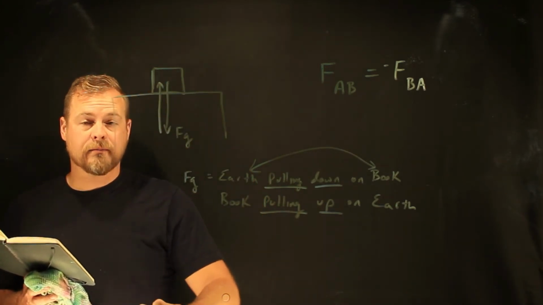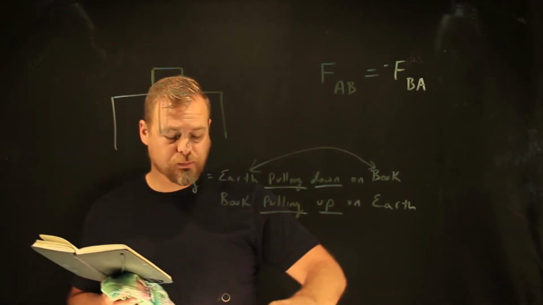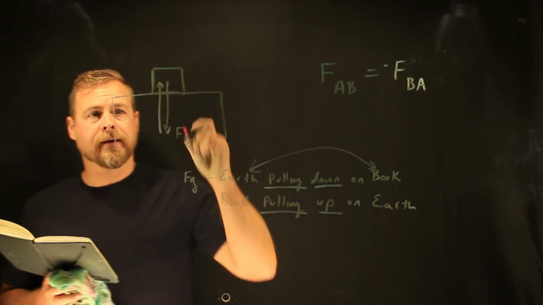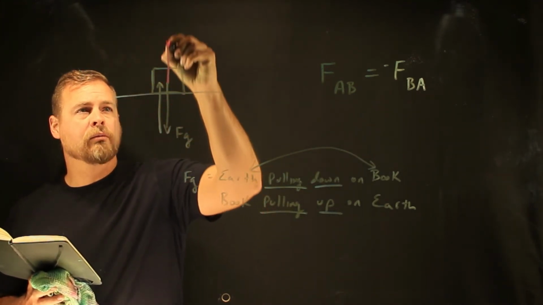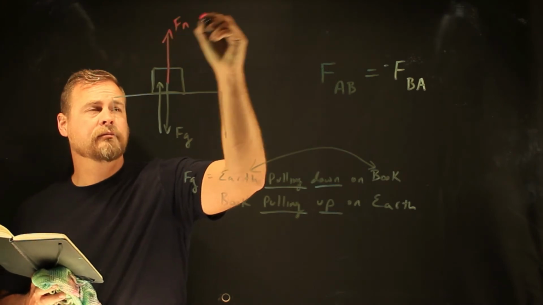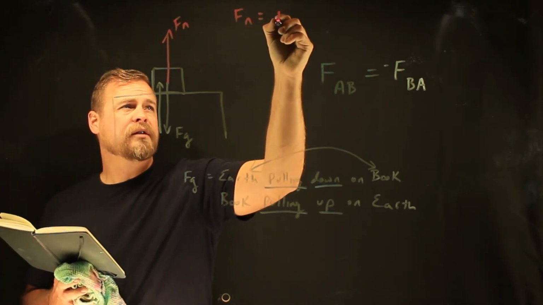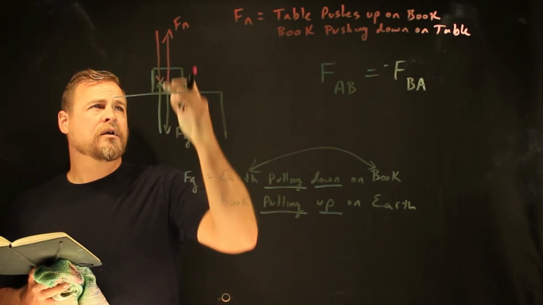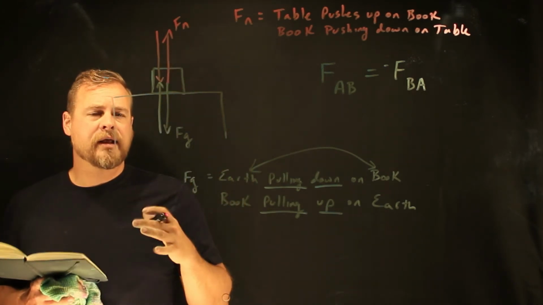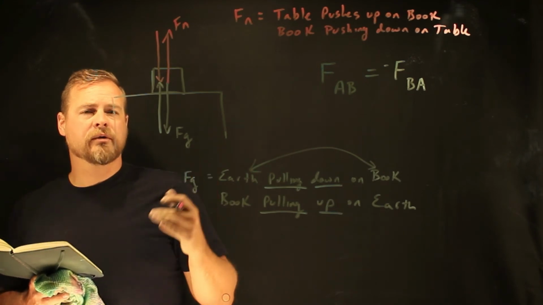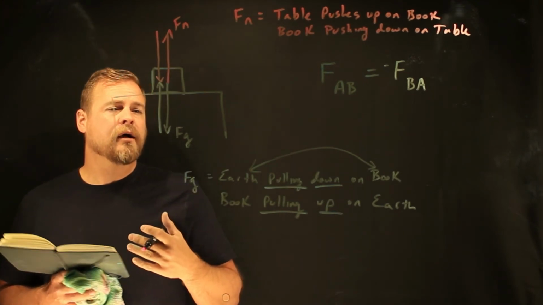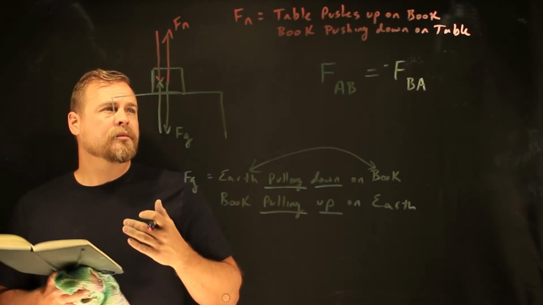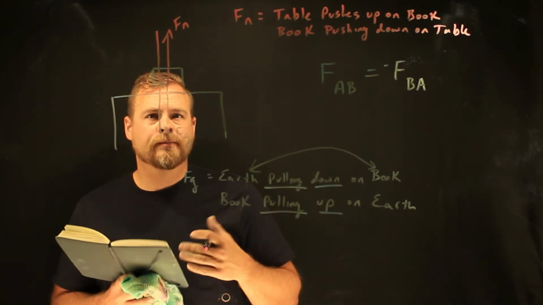Now we have many other forces acting on this book on a table as well, right? The table's normal force, and you ask, well, why isn't the book pushing down with the same amount as the table pushing up? It's like, well, it is. Okay. Now the question becomes a material science type question.